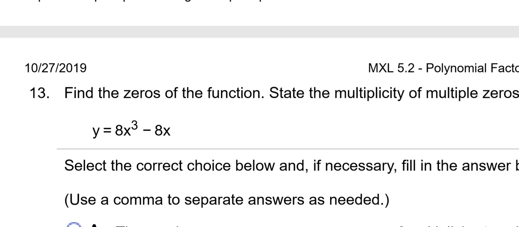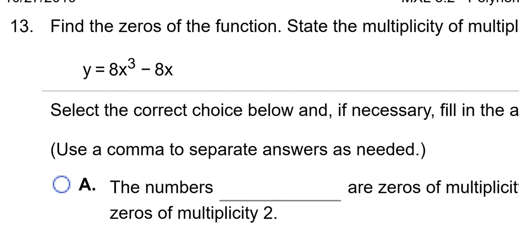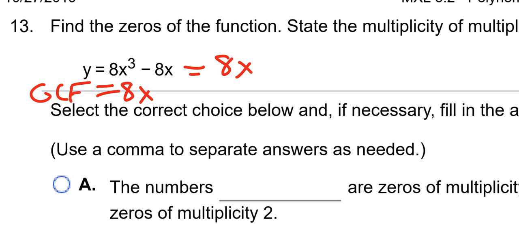Okay, question 13. Same thing. But they ask a little bit more in this question. So, what's the GCF? What are we pulling out? 8x. Good. Pull out the 8x. Go.